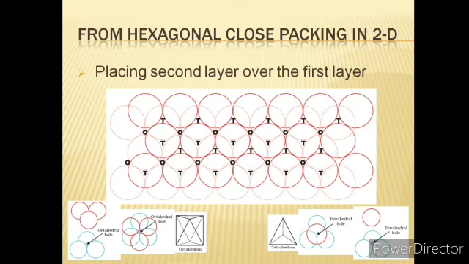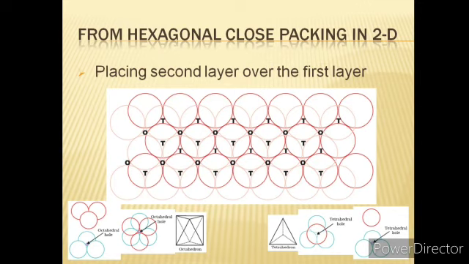Thus we have two types of voids, tetrahedral voids and octahedral voids. Tetrahedral voids are those which are covered by the particles of the second layer. These are surrounded by 4 particles, whereas octahedral voids are those which are not covered by the second layer.